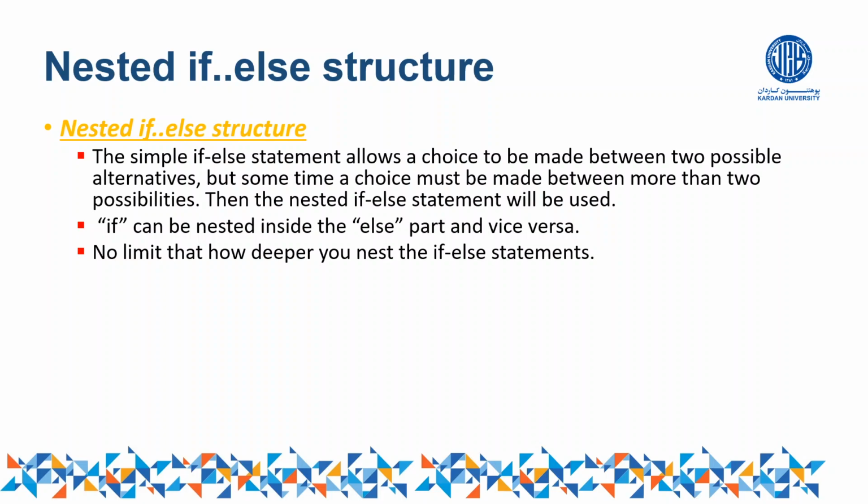Based on your pocket money, you can decide which particular restaurant you are going to choose for having dinner or lunch. We can implement a similar scenario in a programming language. If there are many choices and we have to select one among many, then we can go for the nested if-else structure.